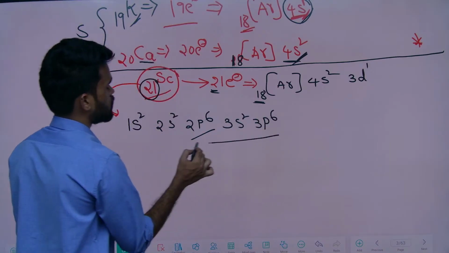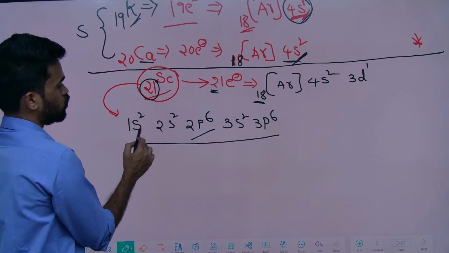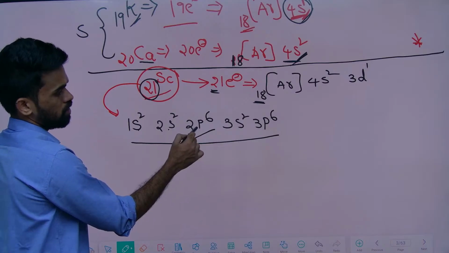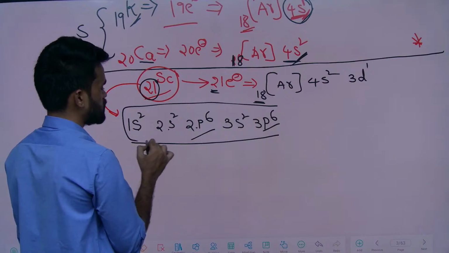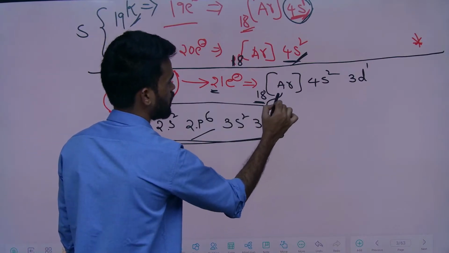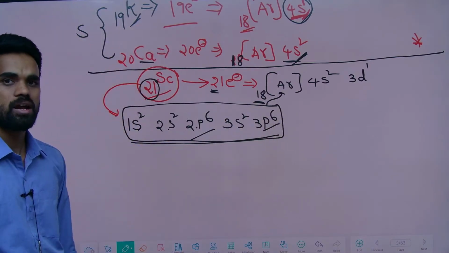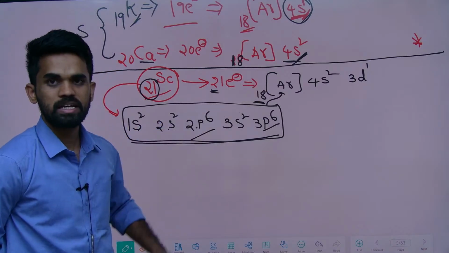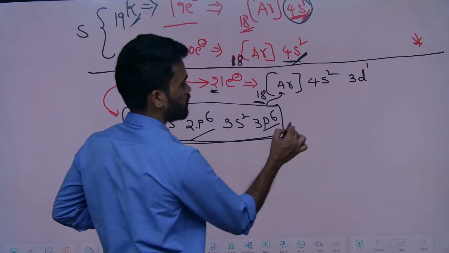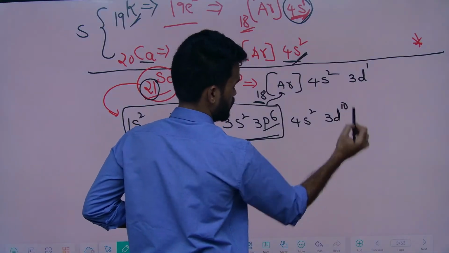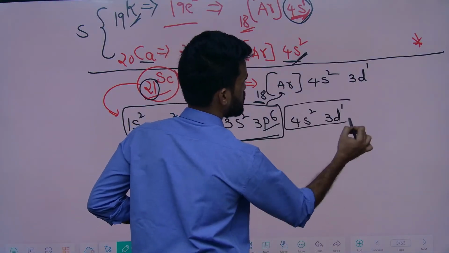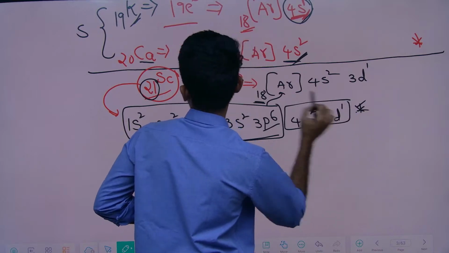How many electrons are over up to here? 2, 4, 10, 12, 18. So instead of writing this many big numbers, you can simply represent it as argon, 18 electrons. After 18 we have 4s2 3d1. This is the electronic configuration of scandium.